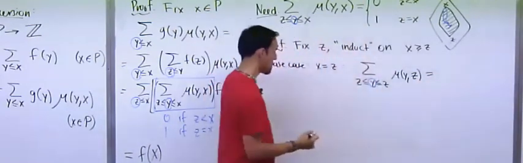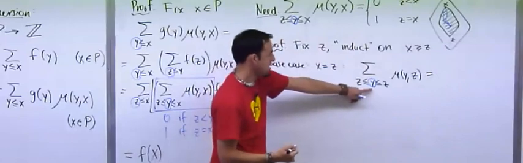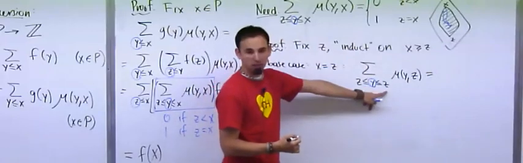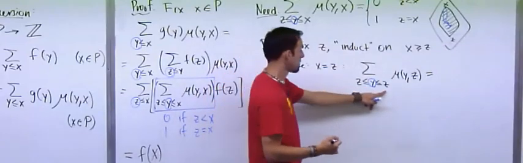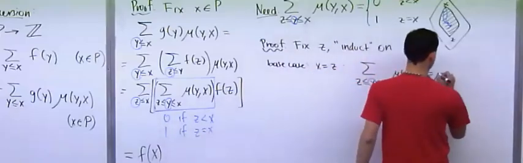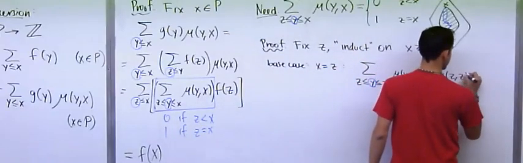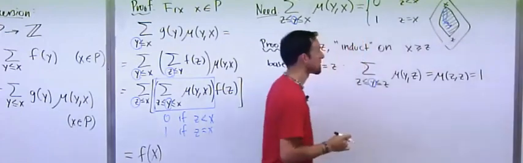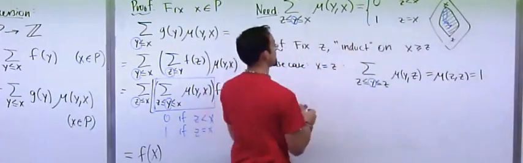What is this equal to? Well, if y is squeezed between z and z, then it can only be z. So this is mu of z comma z, which is 1, which is what it should be. Okay?